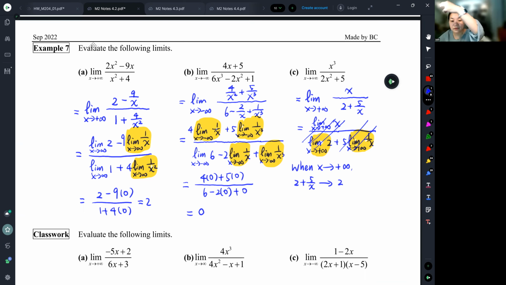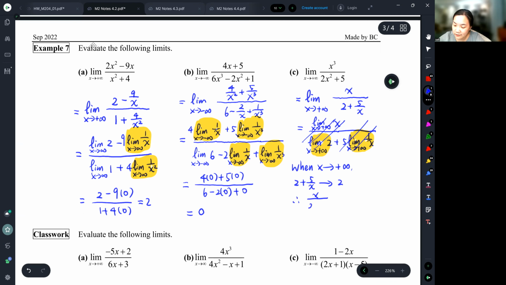So the numerator tends to infinity and the denominator tends to 2. Therefore, the whole thing tends to infinity. Therefore, this limit does not exist.